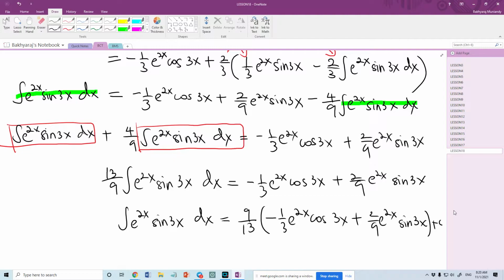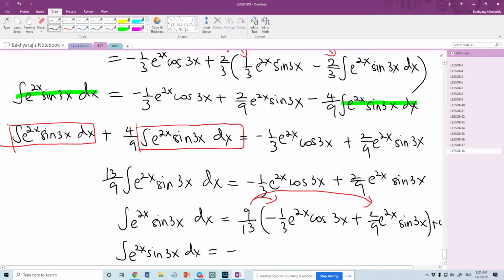And we expand. Okay, kita selesaikan ni dengan kita expand. You just expand this. So the last expansion will give you the integral of exponent 2x sin 3x dx will be equal to 9 times 1 is negative 9.